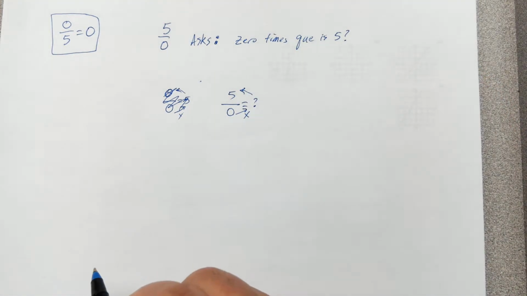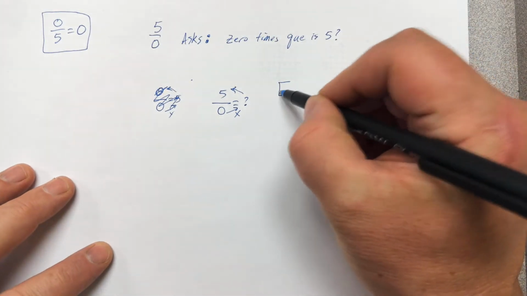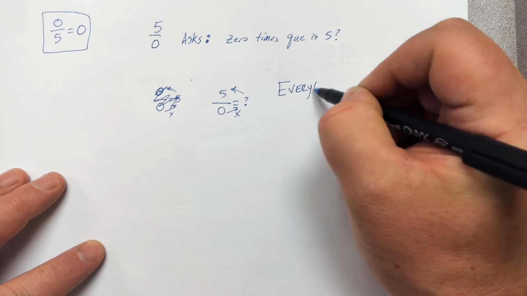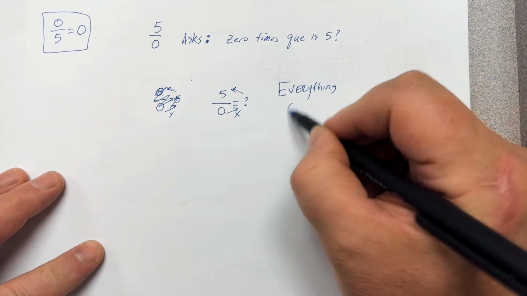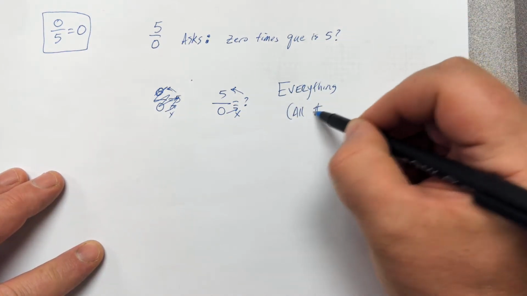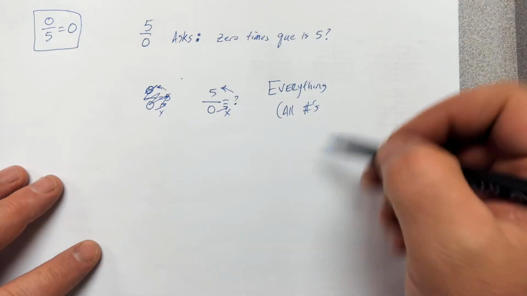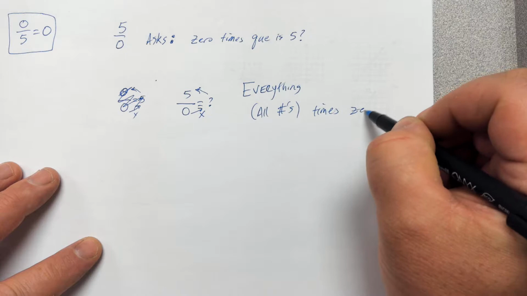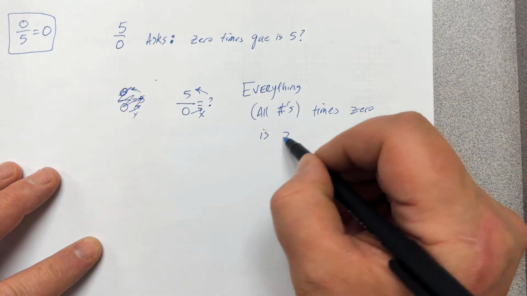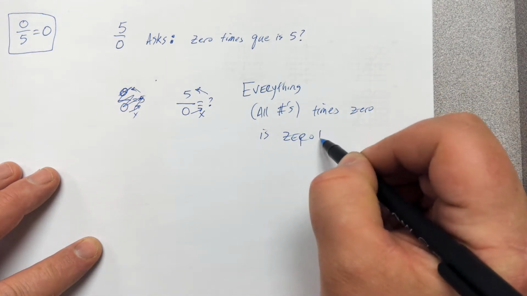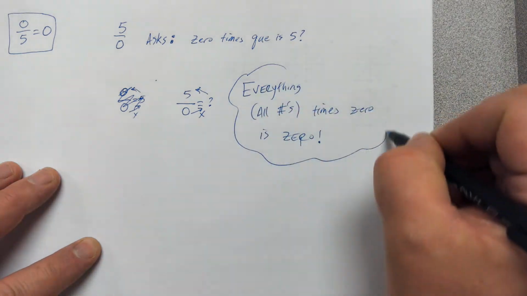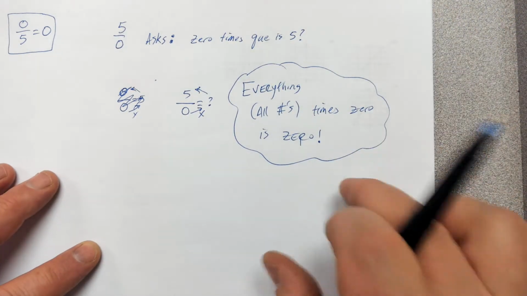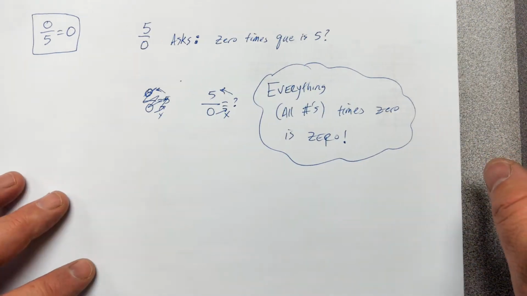Well, since everything times 0 is equal to 0, everything, by which we mean all numbers, not all hashtags, right? All numbers times 0 is 0. That's so true, you could get a tattoo of it.